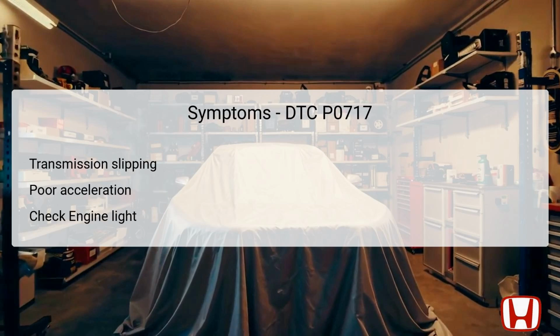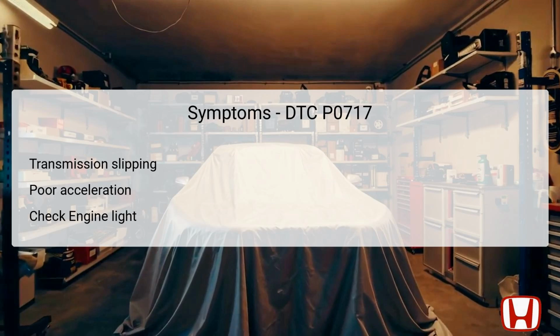The symptoms associated with DTC P0717 often manifest as noticeable changes in the vehicle's performance. One of the most common indicators is transmission slipping, where the vehicle fails to accelerate smoothly due to the unreliable data from the input shaft speed sensor.